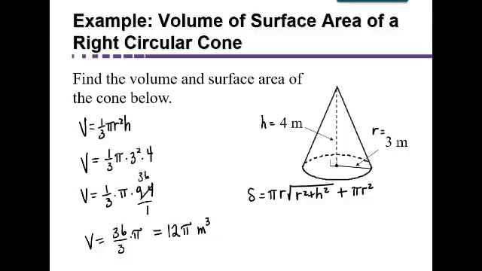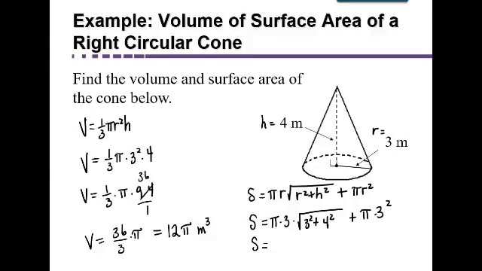Okay, so again, we need our r and our h, and that's it. We just plug in. So we have S equals pi times r, which is 3, times the square root of r squared, 3 squared, plus h squared, which is 4 squared, plus pi times r squared, which is 3 squared. So let's see what we get.